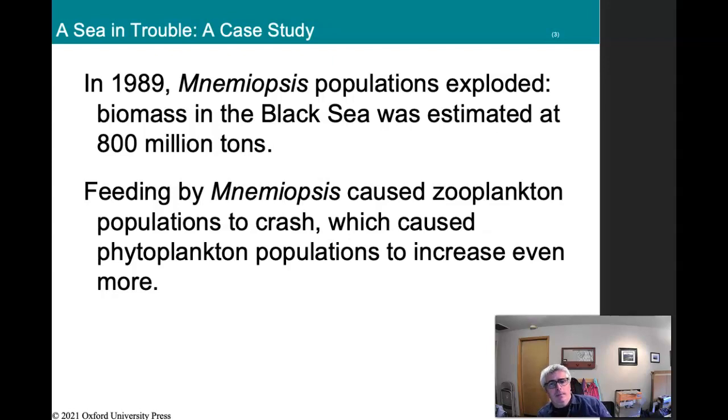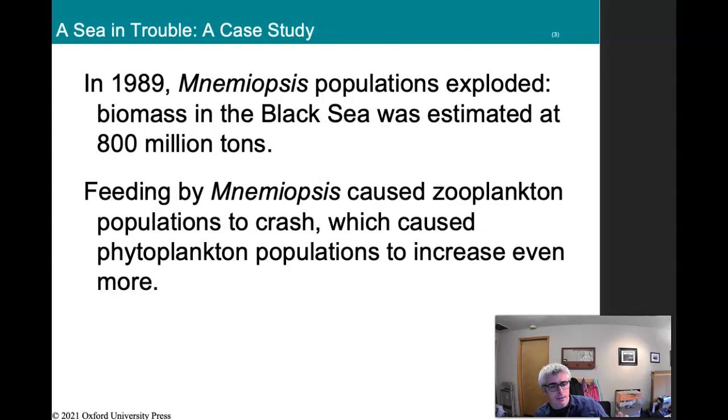And so in 1989, the comb jelly populations exploded, with biomass in the Black Sea estimated at 800 million tons. For reference, the book cited the global maximum wild-caught fishery, I believe around 90 million tons. So about 10 times more comb jellies just in the Black Sea compared to all of the fish caught in the ocean that year. That's a huge number.